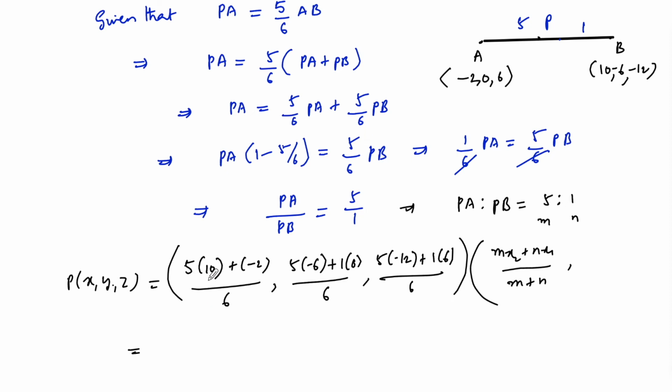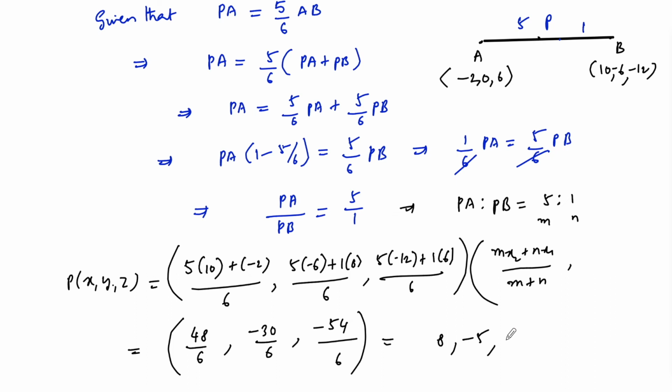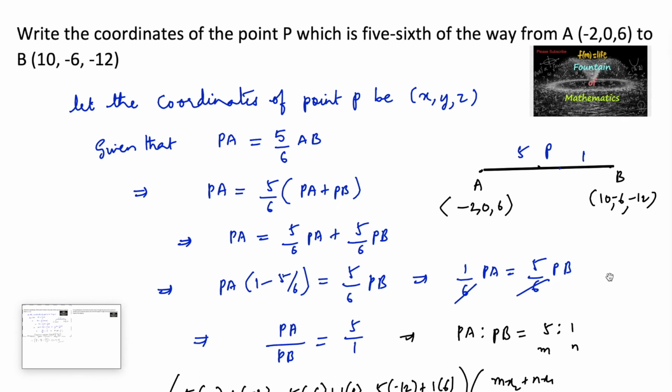On simplifying, 5 times 10, 50 minus 2, that is 48 upon 6, minus 30 plus 0, it's negative 30 upon 6, and negative 60 plus 6 is nothing but minus 54 upon 6, which is equal to 8, negative 5, and minus 9. So we can consider the point to be (8, minus 5, minus 9). So the required point is (8, minus 5, minus 9).